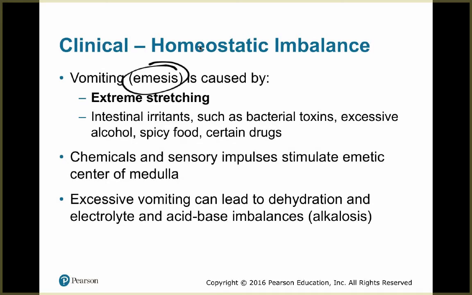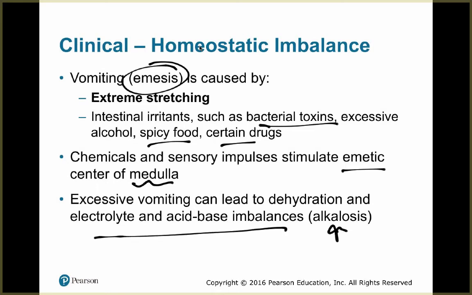Intestinal irritants such as bacterial toxins, excessive alcohol, spicy food, and certain drugs can all cause vomiting. Chemical and sensory impulses stimulate the emetic center in the medulla. The problem with excessive vomiting is that it can lead to dehydration and electrolyte and acid-base imbalance, such as alkalosis, so a lot of times we want to get that under control.